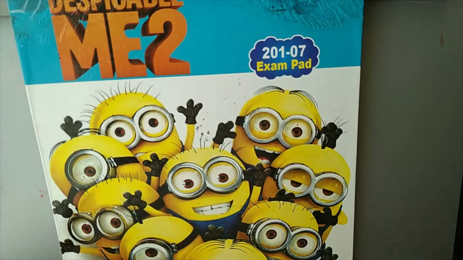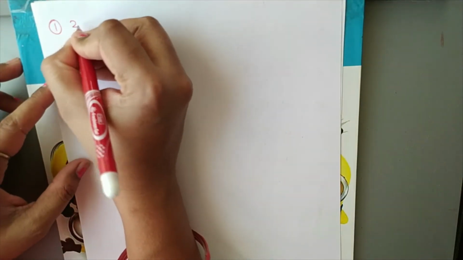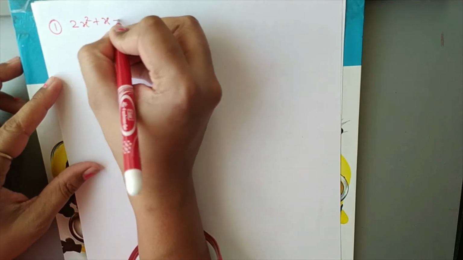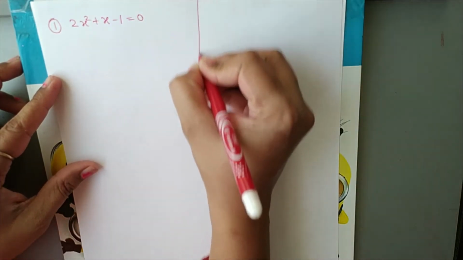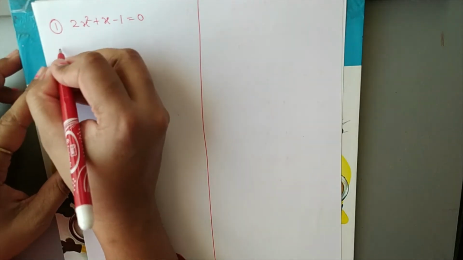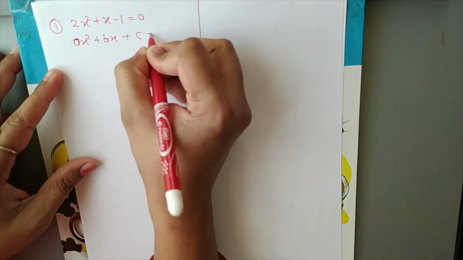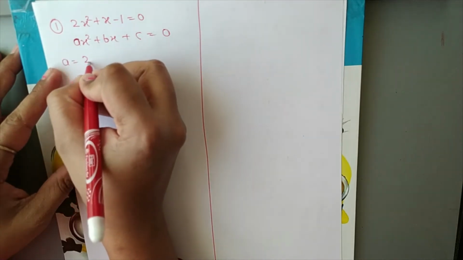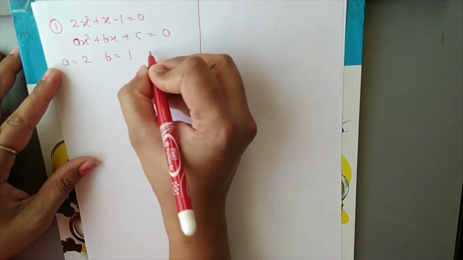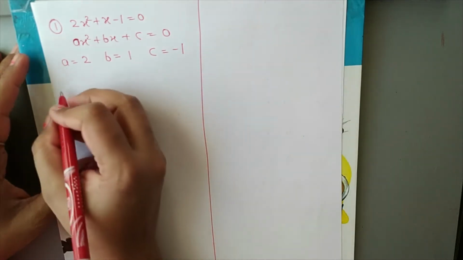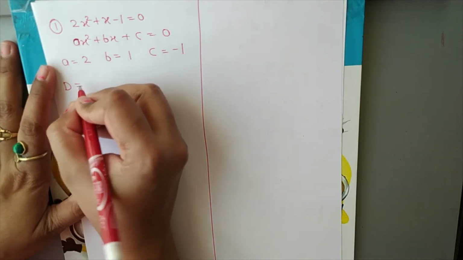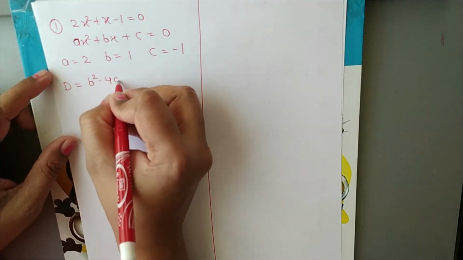So the first question is 2x square plus x minus 1 is equal to 0. Comparing with ax square plus bx plus c is equal to 0, a is equal to 2, b is equal to 1 and c is equal to minus 1. Find the value of d. D is equal to b square minus 4ac.